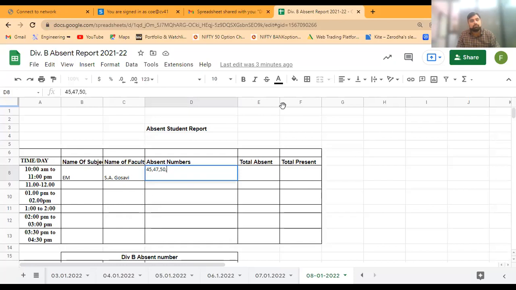Present, sir. 54 present, sir. 56, 55 present, sir. Present, sir. 57, Present, sir. 58, Present, sir. 59, Present, sir. 60, Present. 61. Present, sir. Okay. So absent roll numbers are roll number 45, 47 and 50.